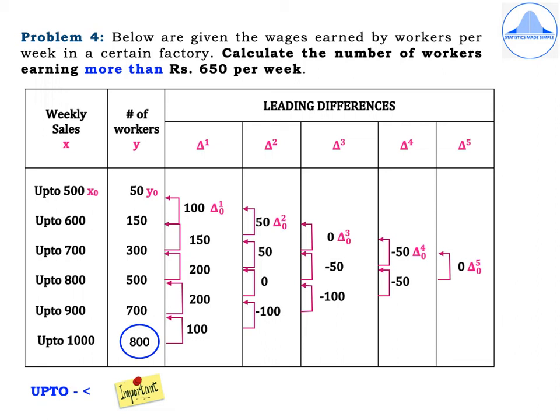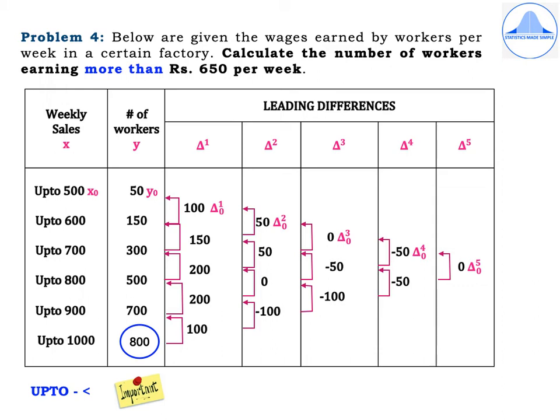So you have up to 500, up to 600, up to 700, up to 800, up to 900, up to 1000. Here up to means it is less than, and you're also given the number of workers, which are 50, 150, 300, 500, 700, 800.